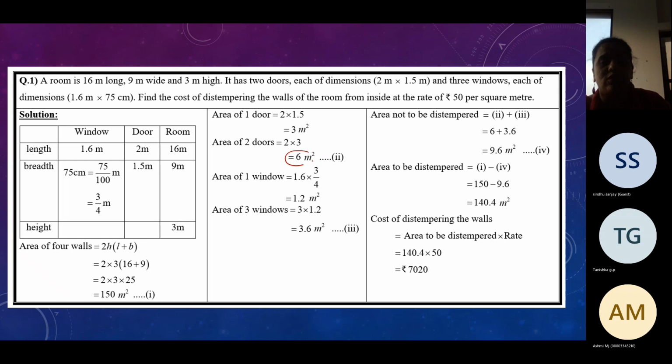The area of the 2 doors and the 3 windows need not be distempered. So the area to be distempered will be 1 minus 4. So the cost of distempering is area to be distempered into the rate, which is 140.4 into the rate, ₹50. Is it clear, children? Yeah, please start working.